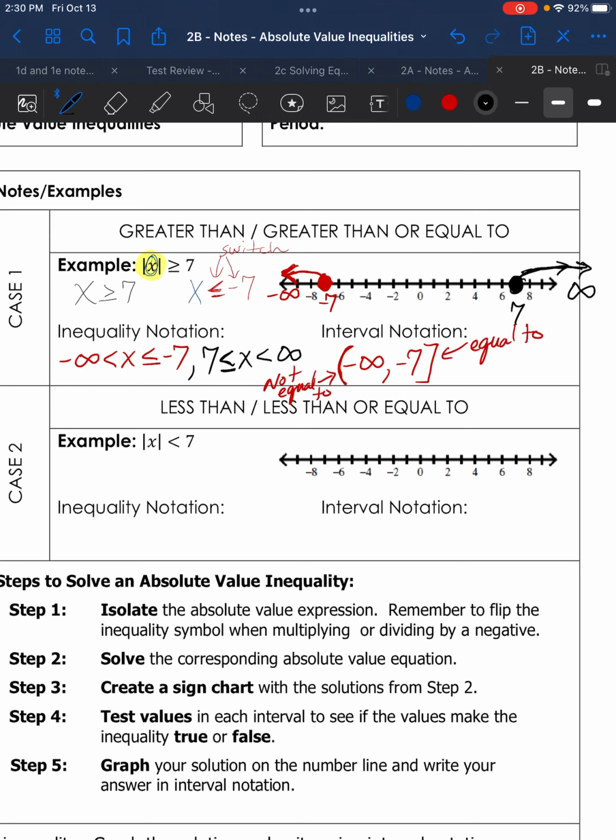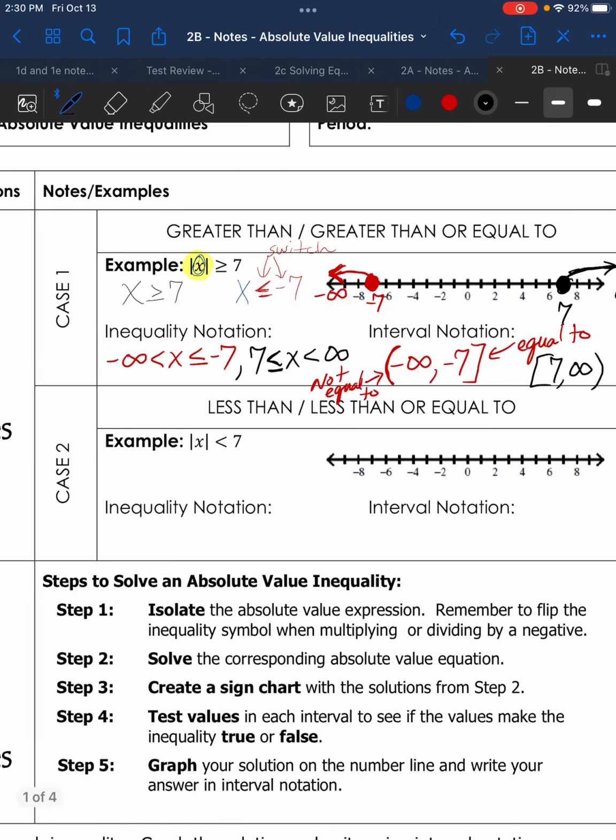So when we work with the black line, we're going from 7, which is a filled in circle, and that's equal to, to the right forever to infinity. And then it's not equal to, you can never equal infinity.